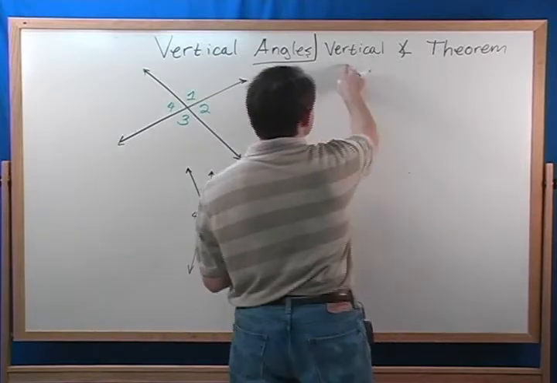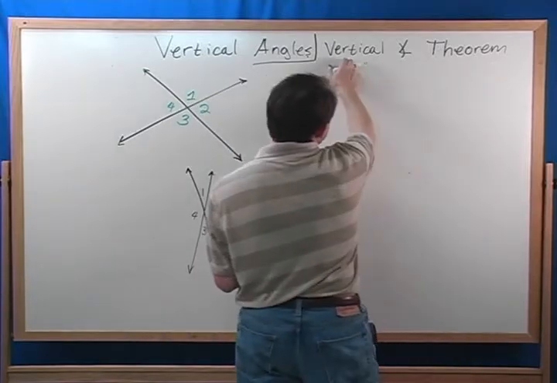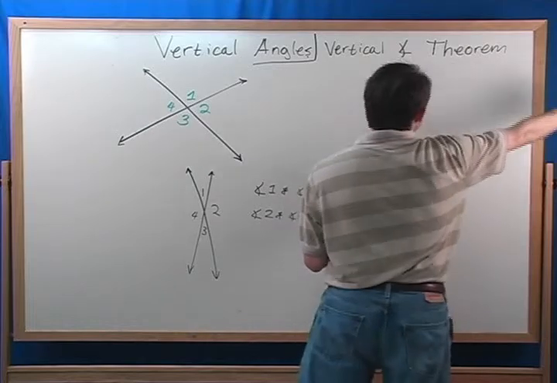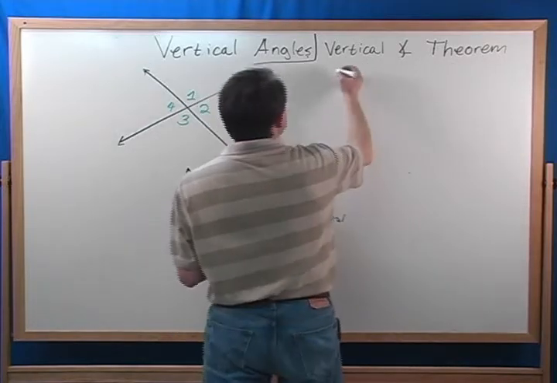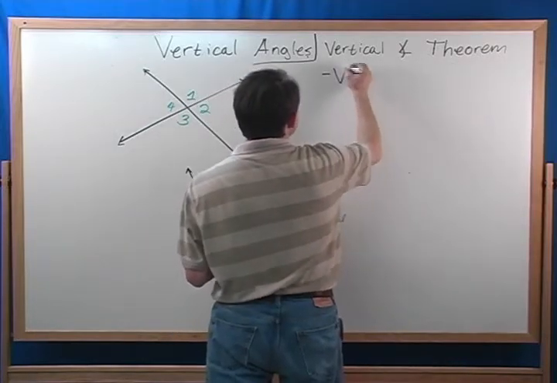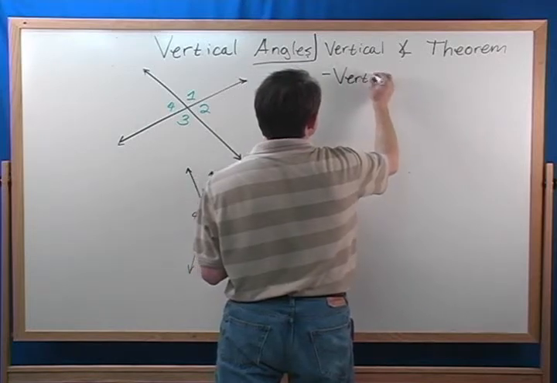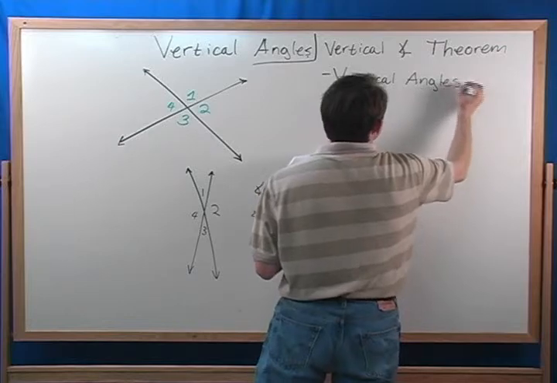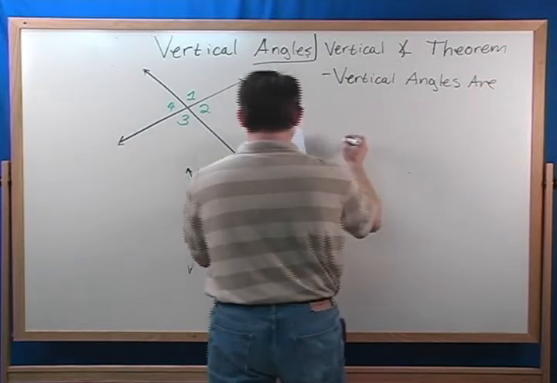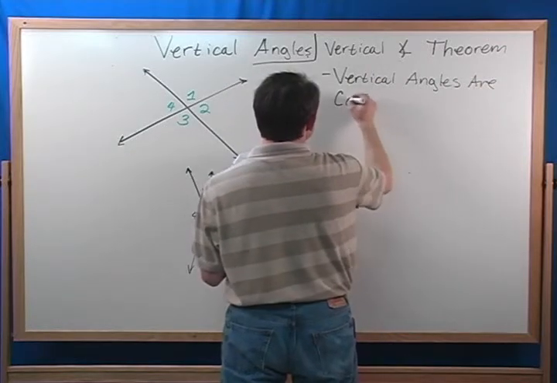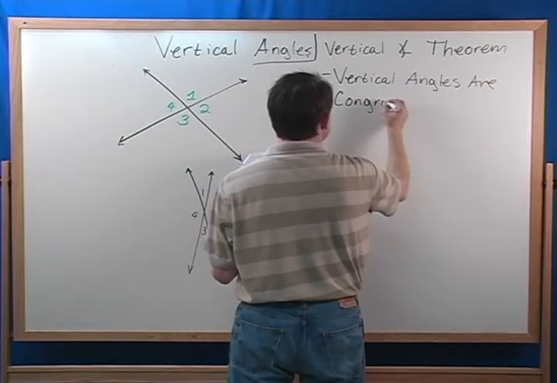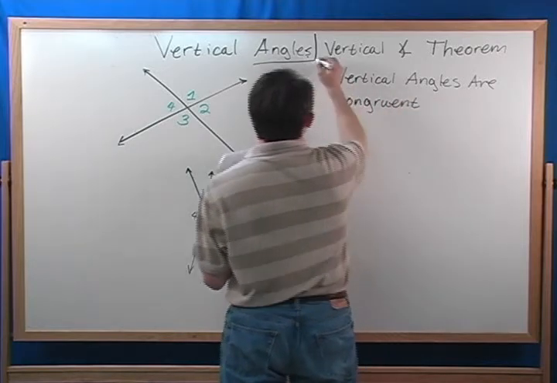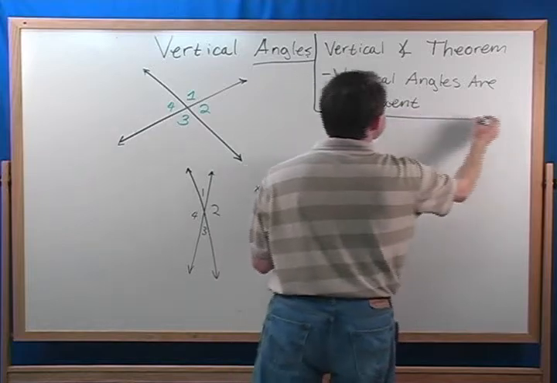So the vertical angle theorem, which just means the vertical angle thing which is true, is: vertical angles are, and we're going to use a new word, congruent. Let me circle this, because this is an important theorem.